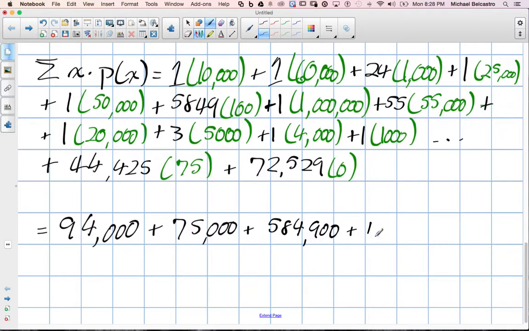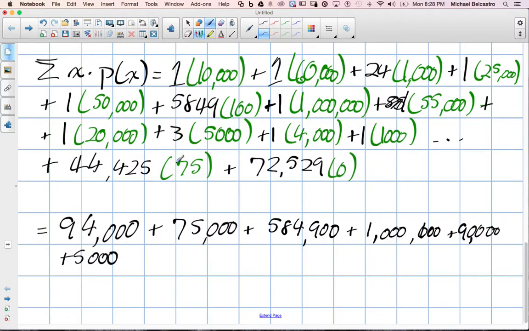Plus another million. 55 shots at 55? That's not true. This one must have been the number 1. 55 plus 20 plus 15, so that's 35. 60, 90, so another 90,000. And then another 5,000, so add 5,000 more.